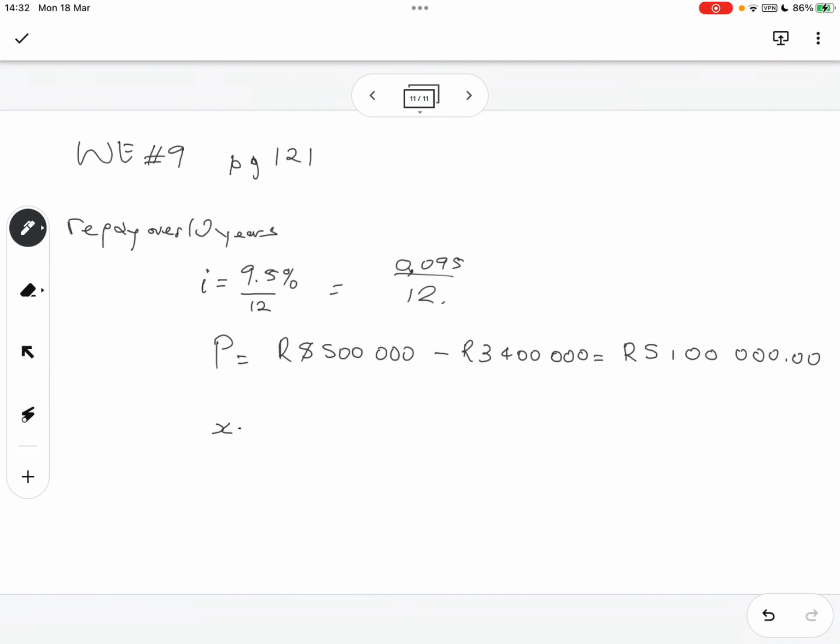So we must work out monthly repayments, which are P times i over 1 minus 1 plus i to the power negative n. And this equals 5.1 million times 0.095 over 12.